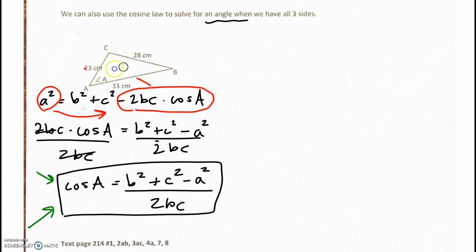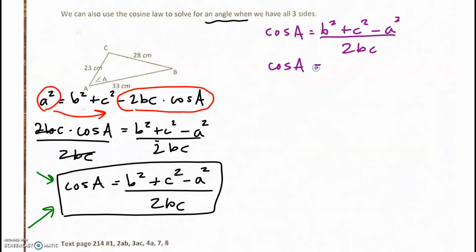All right, so now we've got the formula that we want. I'm just going to move some of these red lines so I can see that triangle better. Let's solve for angle A. So we'll write the formula we're using, which is what we just rearranged: cos A equals b squared plus c squared minus a squared, all divided by 2bc. Okay, and let's do substitution. This is important.